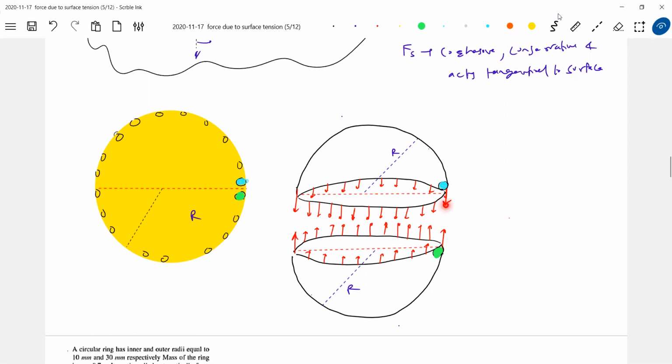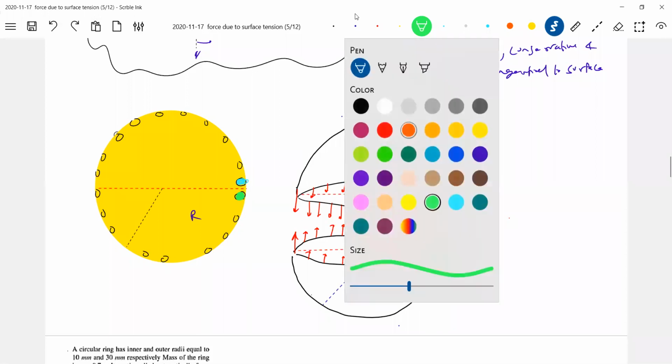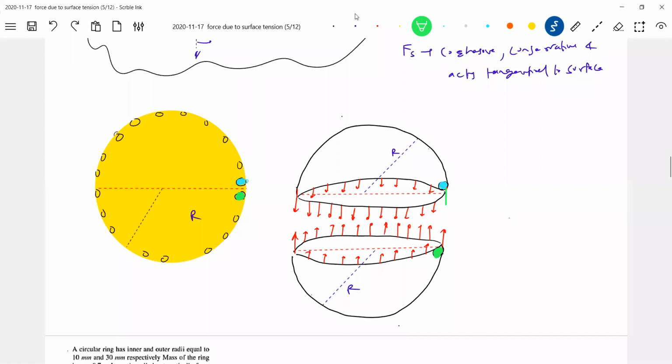What is this arrow? I'm going to bring all 3D diagrams, so that's why I'm trying to cover the ideas with this one.